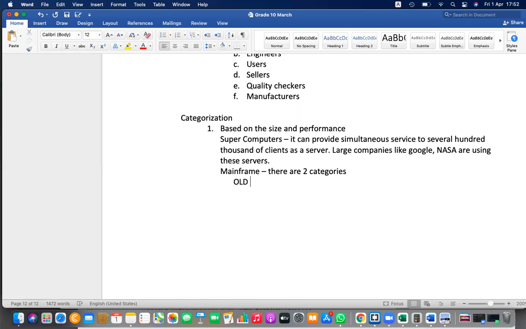One is old mainframes: ancient, first and second generation, building-size computers. Those are also called mainframe computers. So, large building-size computers.